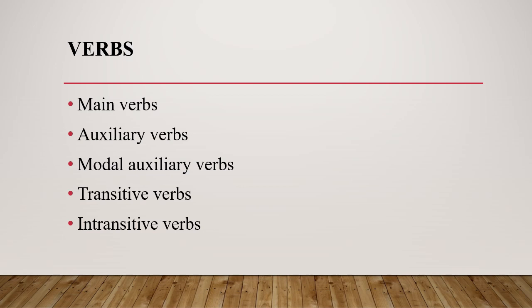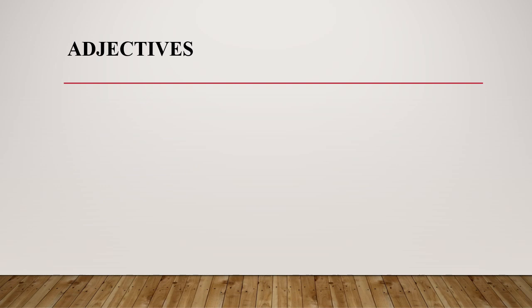The intransitive verbs are verbs in a sentence that do not need any object. For example, he stood up. The verb stand can be expressed as an intransitive verb because it doesn't need an object in the sentence.